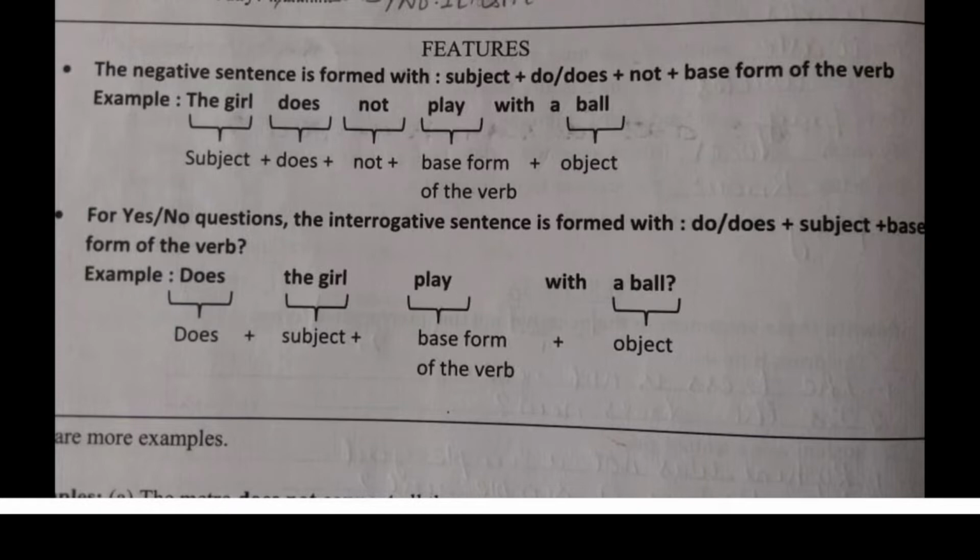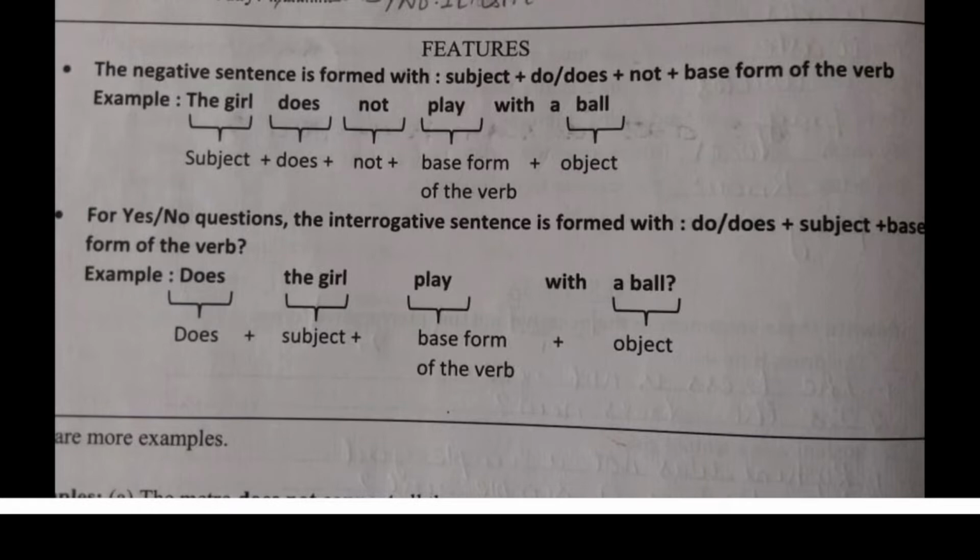If we break the present verb for third person singular subject, does plus the verb, we have to divide the main verb as does plus play or does plus go, like that. So the subject plus does plus not plus base form of the verb plus object. Okay, this is the structure of the negative sentence.